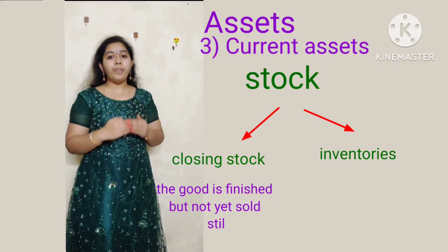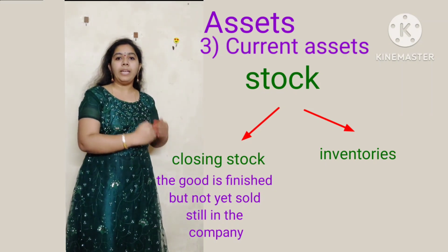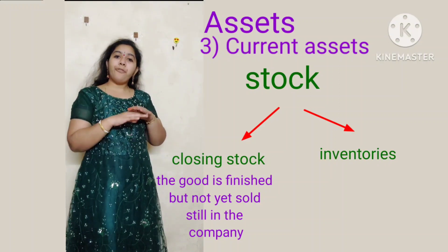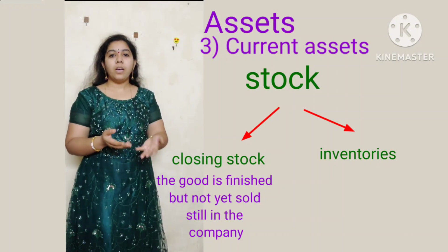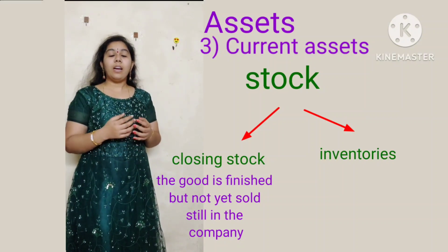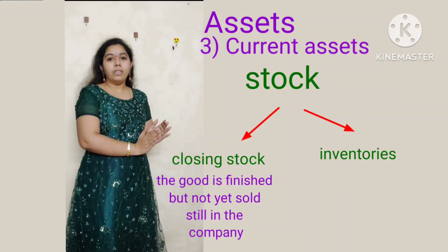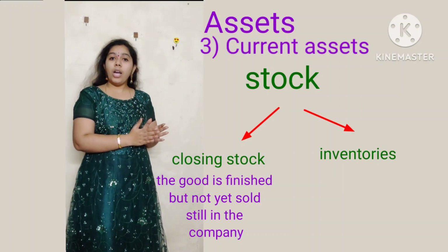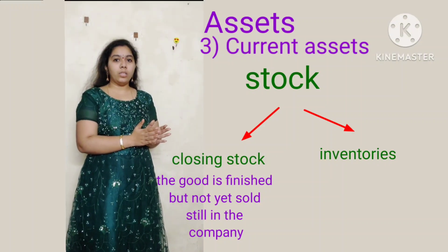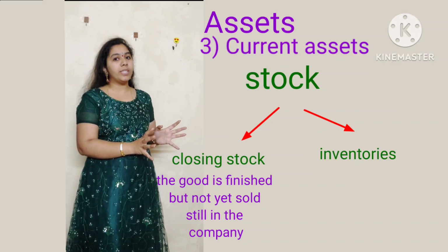The goods are finished but not sold. They are still in the company. The goods were finished but not sold in that particular year, so the stock is in the company itself, and it is considered closing stock.